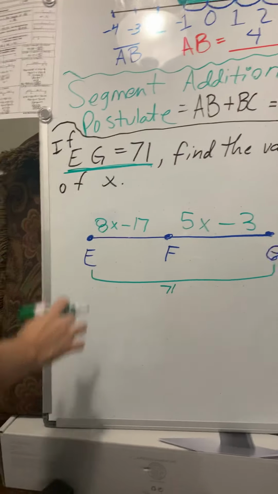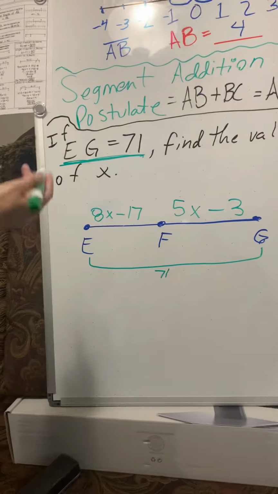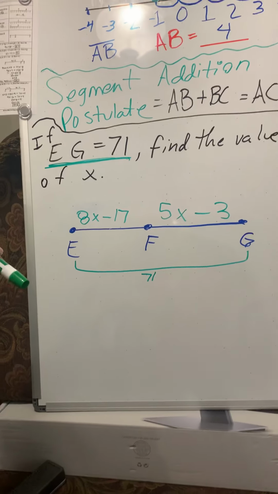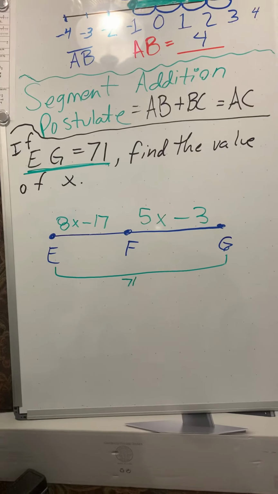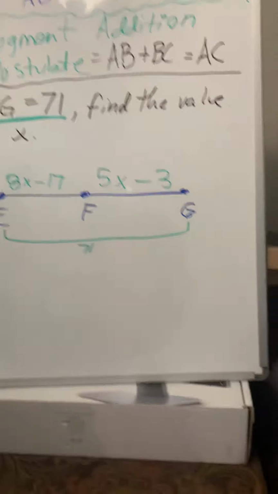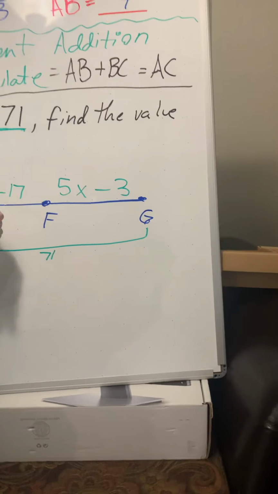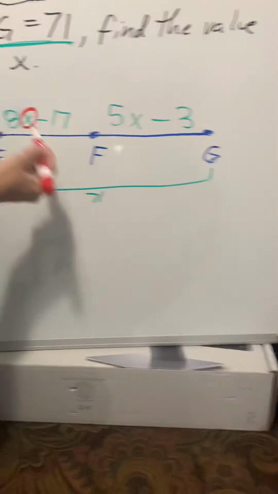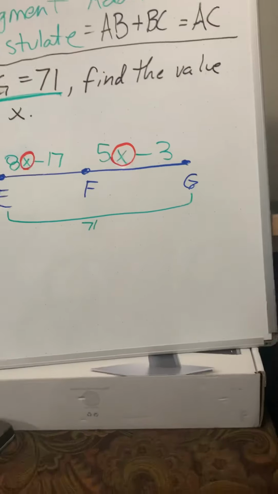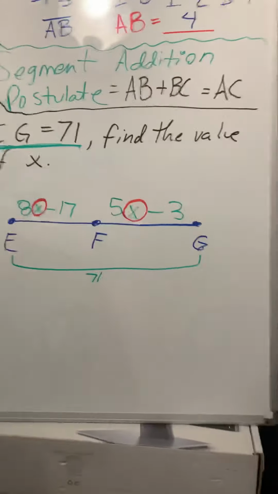We already know this because it was given to us in the example. So now it's telling us to find the value of X. So we are looking for this. We are looking for X is what they're asking us to look for, right?